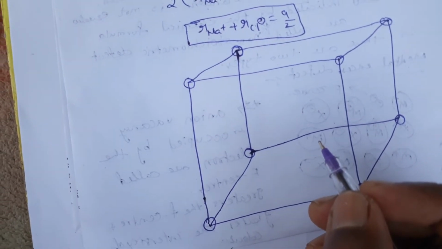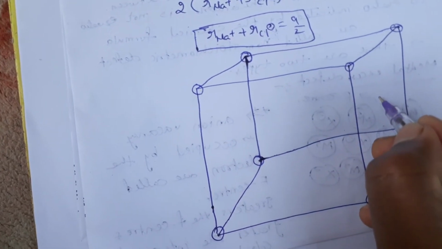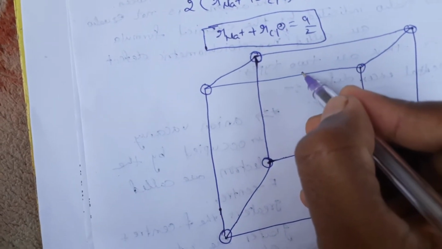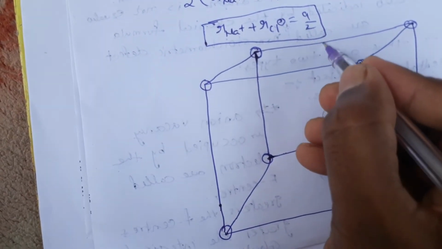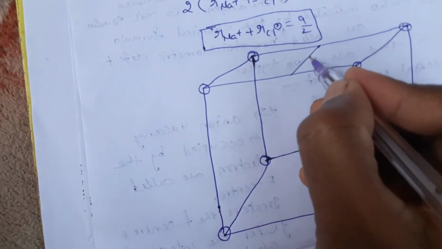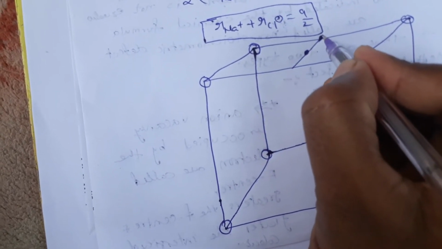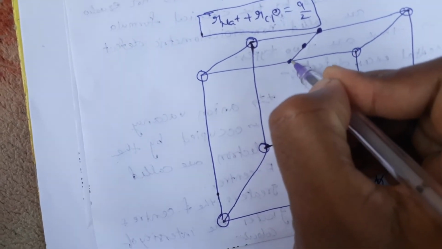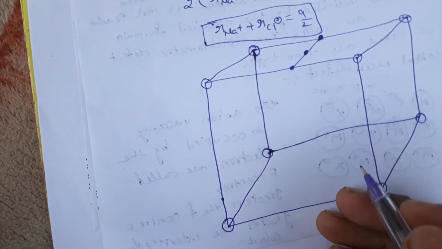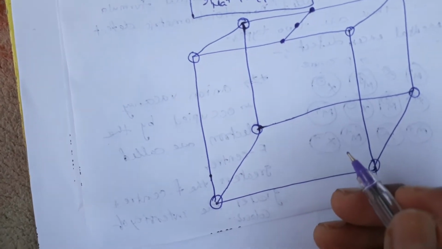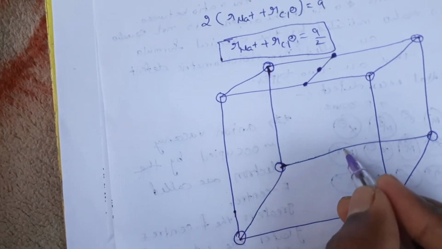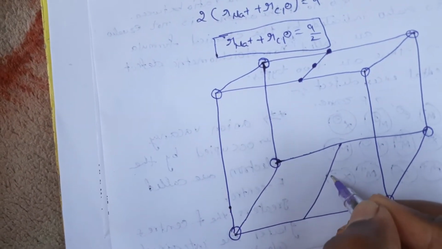So on the faces it has atoms. So this is one atom here, and in the center a void is present.